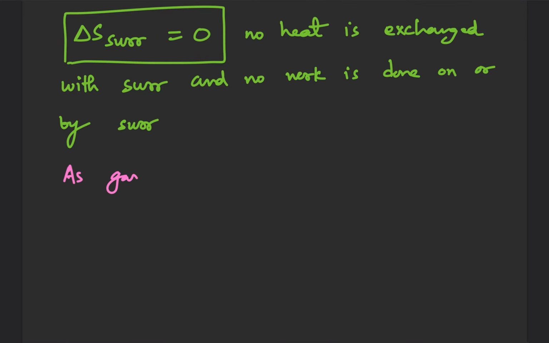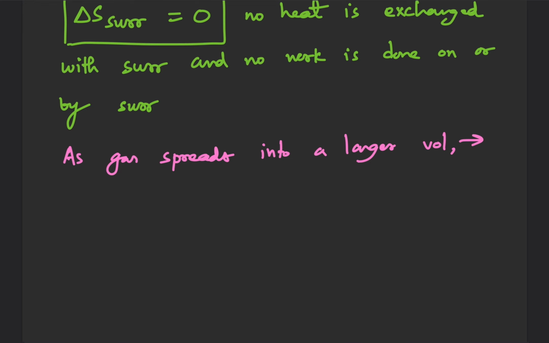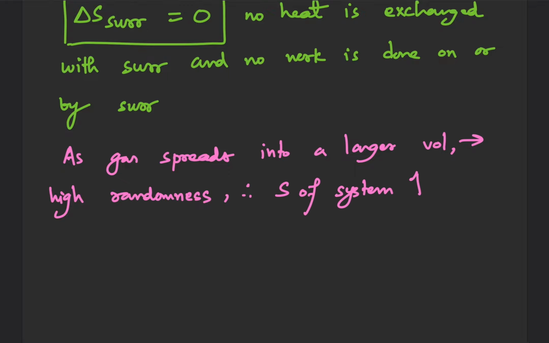Okay. So as gas spreads into a larger volume, it will lead to high randomness. Therefore, S of system will increase.